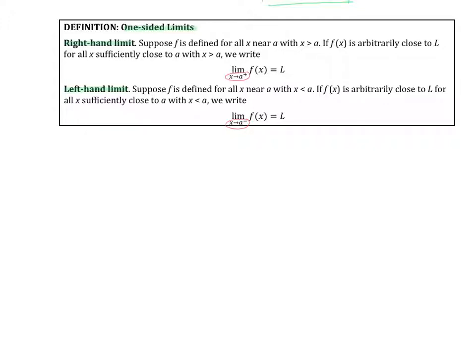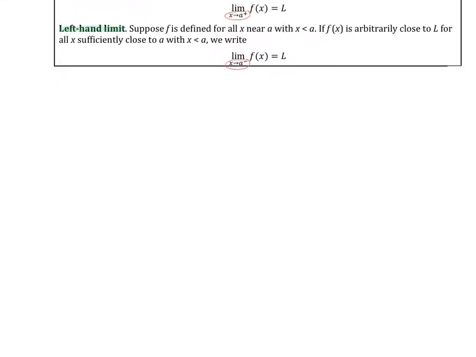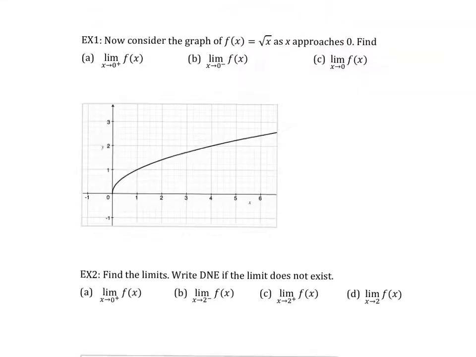So why would we need to do left or right-handed limits? That we're going to look at in our next slide. We're going to go back to that function, square root of x, that we had before in example 1, and we're going to look at one-sided limits first.